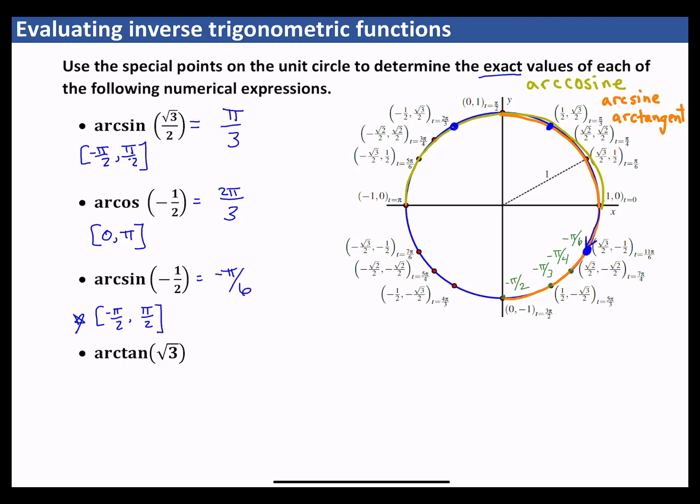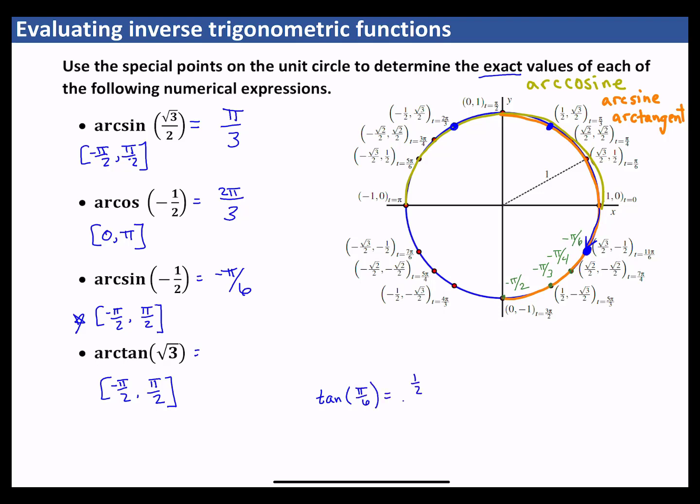All right, next we have the arc tangent of the square root of 3. So again, we're looking for an angle between negative pi over 2 and pi over 2, whose tangent would equal square root of 3. So here we have two options. We could think about the tangent of pi over 6.